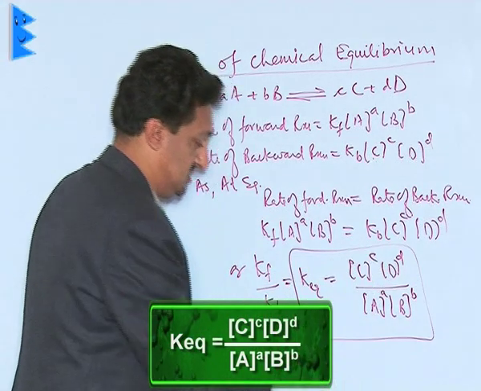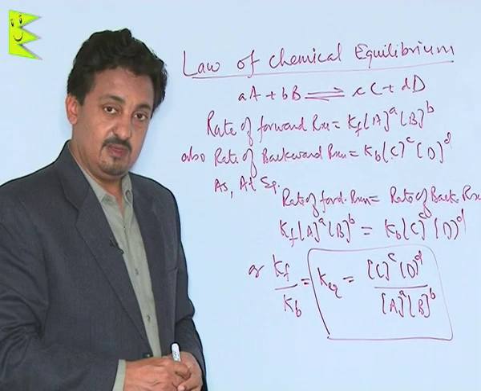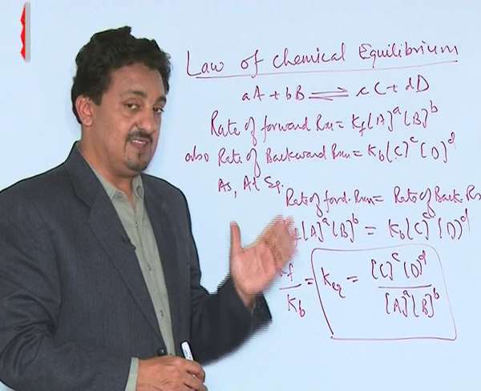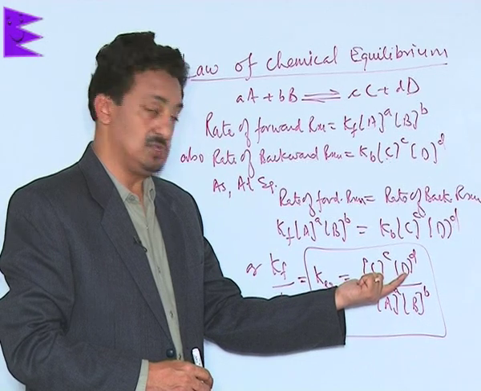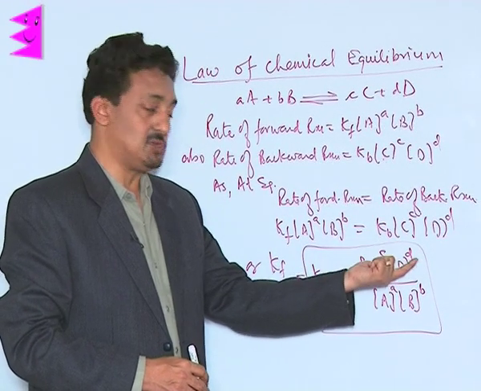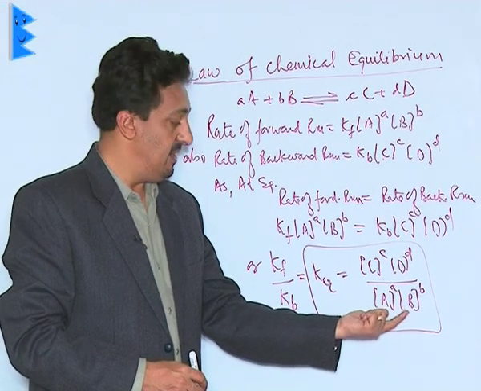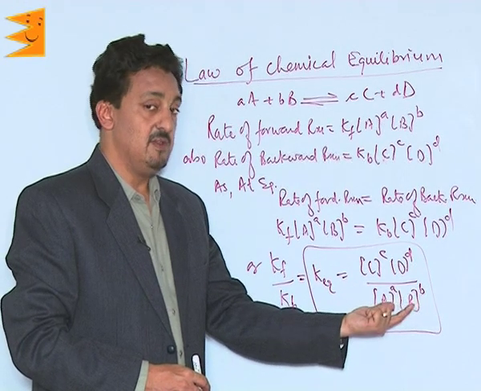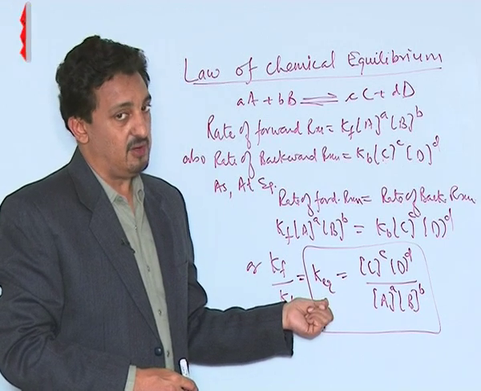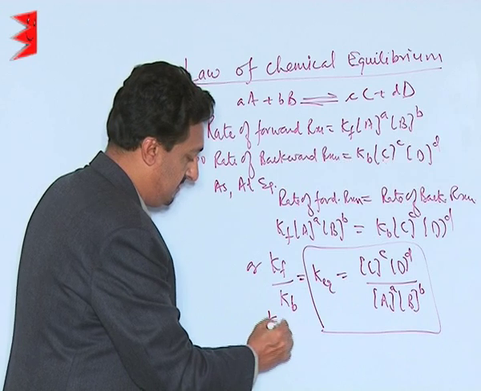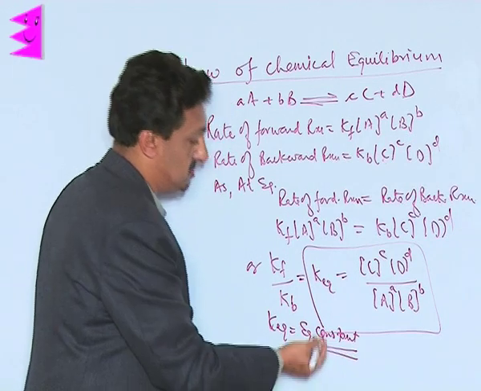This expression is according to the law of chemical equilibrium, which states that at the state of equilibrium, the ratio of the product of the molar concentration of the products raised to the power their stoichiometric coefficients to the product of molar concentration of the reactants raised to the power their stoichiometric coefficients is always constant, and this constant is called equilibrium constant. Keq is your equilibrium constant, and this is what we always wanted.